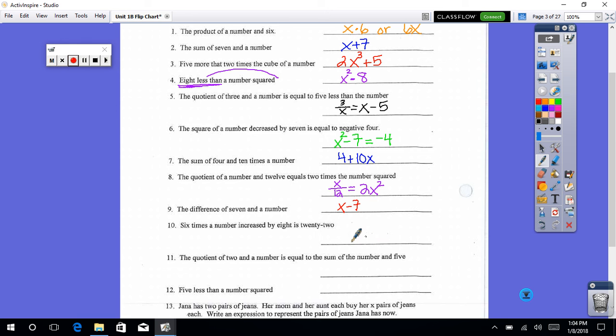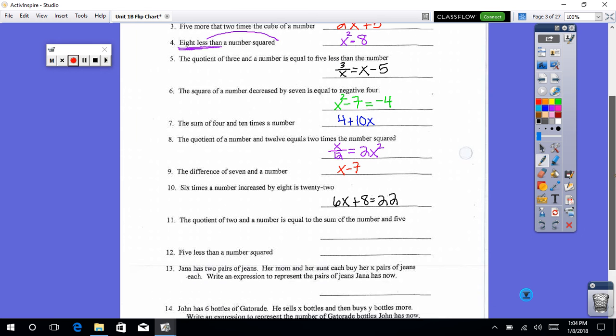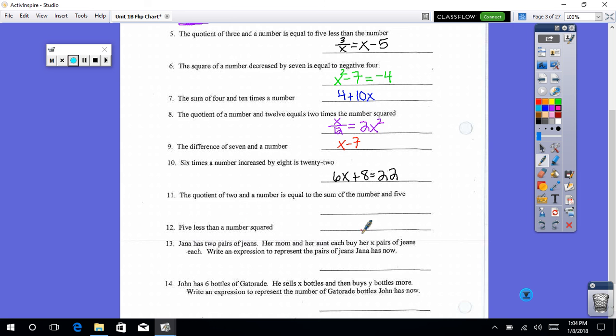Six times a number. Increased by 8 is 22. The quotient of 2 and a number is equal to the sum of the number and 5.